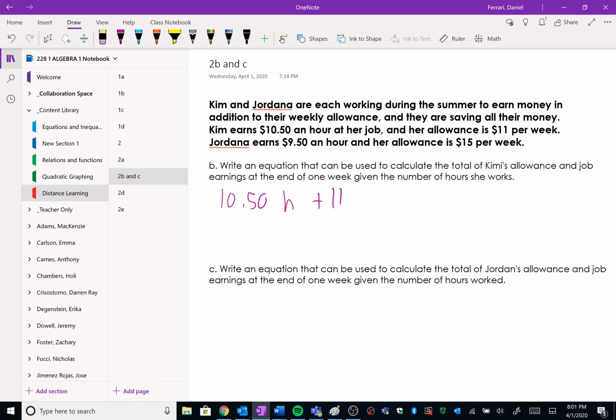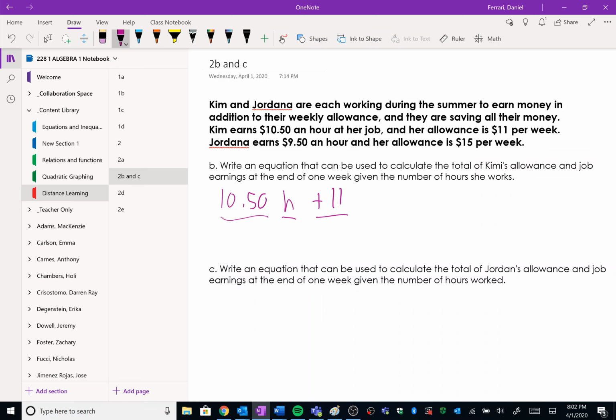Well, I wouldn't need the parentheses, first of all. Basically, if you go back and think about what we did in that process, we always did the dollars she makes per hour times the number of hours plus her allowance.